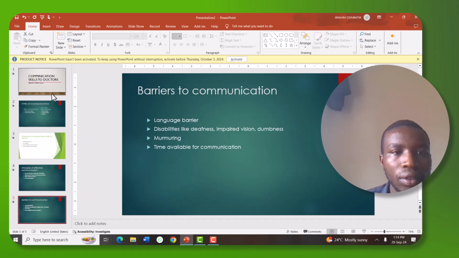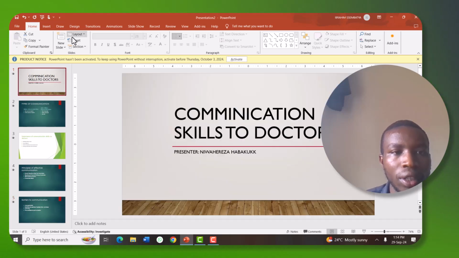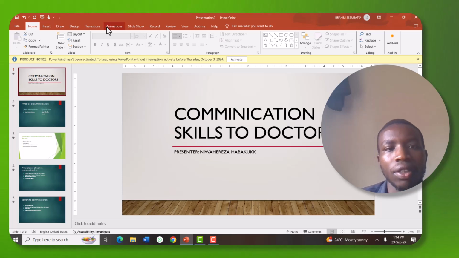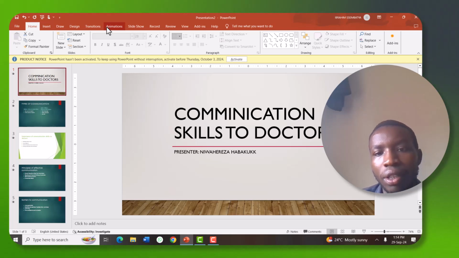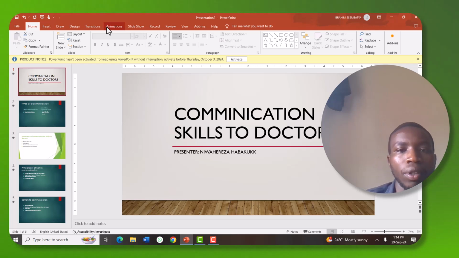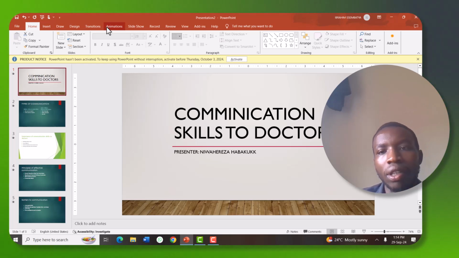Okay, so I have finished applying the design, the transition, and the animation. These are the most important things in PowerPoint.